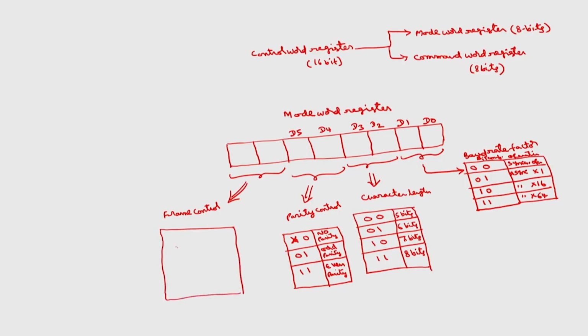This is going to decide the number of stop bits. 0 0 is invalid; in case of synchronous mode, where stop bits are not required, probably this can be used. 0 1 means one stop bit. 1 0 means 1.5 stop bits, so 1.5 periods of the clock. 1 1 is 2 stop bits. In the earlier example, you have taken 2 stop bits.